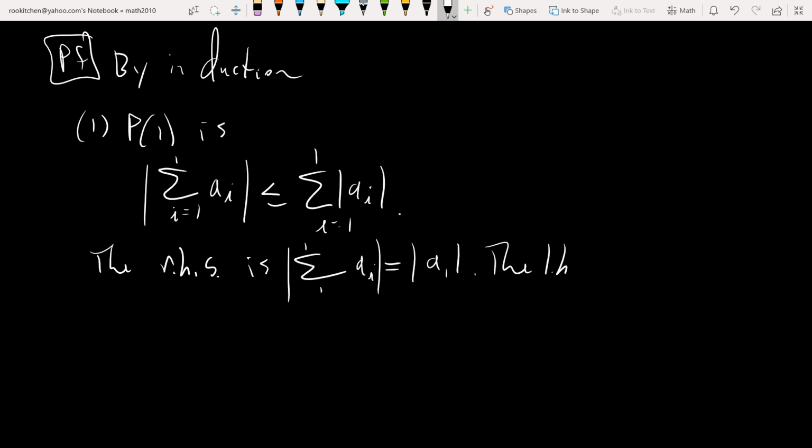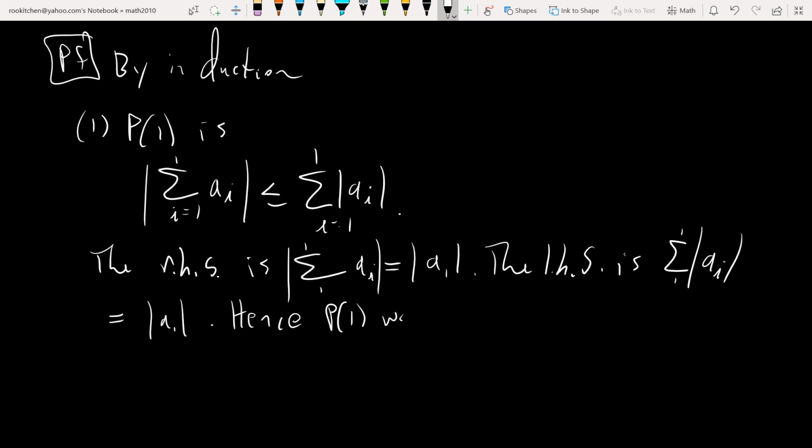The right hand side is the sum of the absolute value of a sub i from 1 to 1, which is again just the absolute value of a sub 1, hence the inequality holds. They are equal in this case, which makes less than or equal to a true statement. So hence P of 1 is true, or it works.